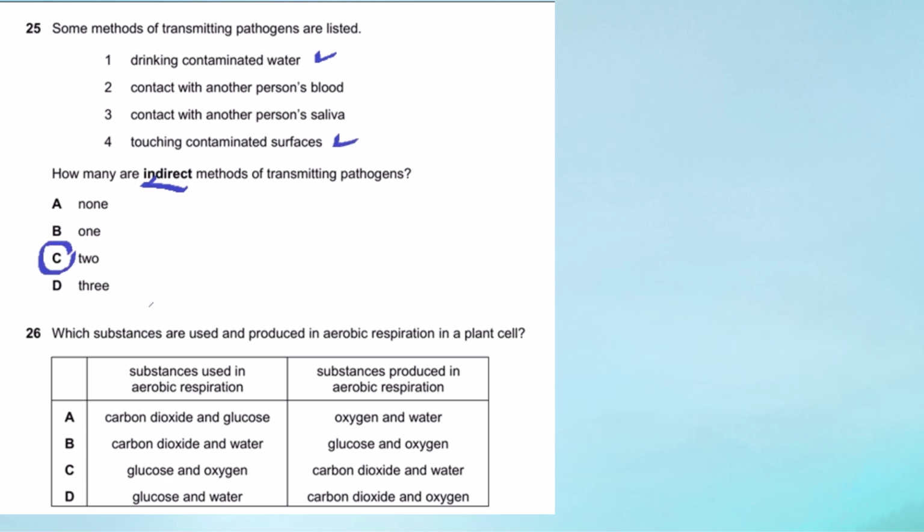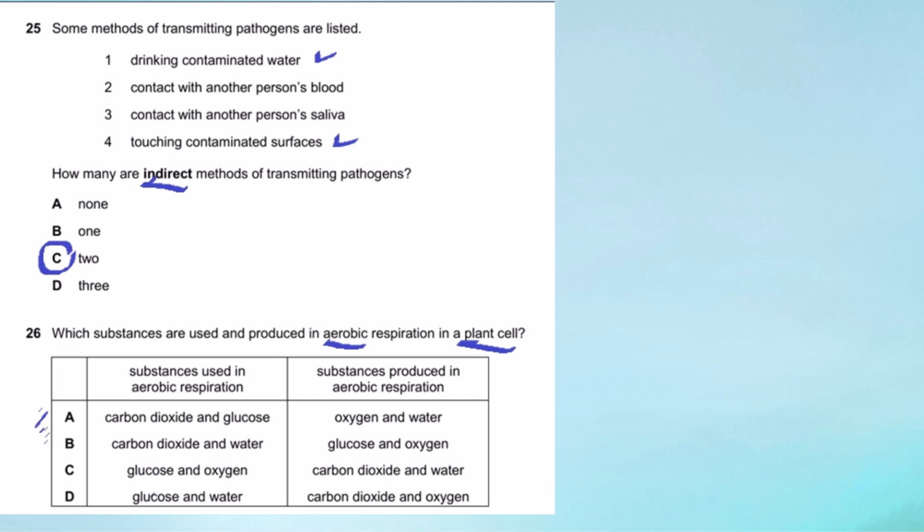The next one is even easier, though it looks hard. Which substances are used and produced in aerobic respiration in a plant cell? Okay, carbon dioxide is not used in respiration, it's used in photosynthesis. So here we can already scratch off A and B. C says glucose and oxygen.